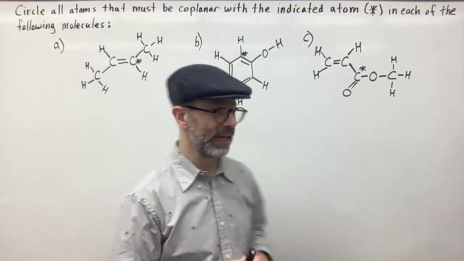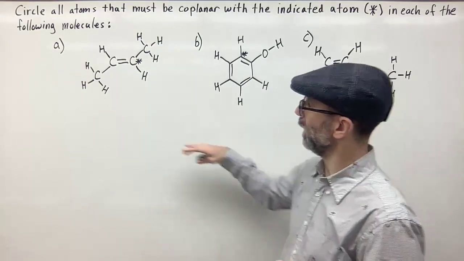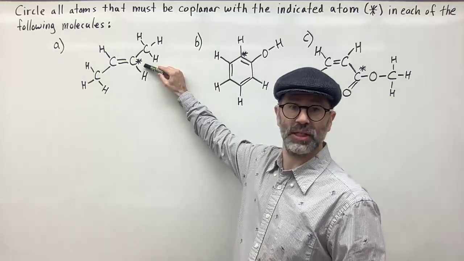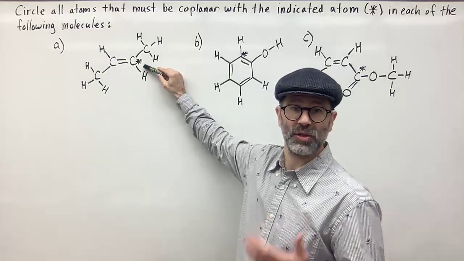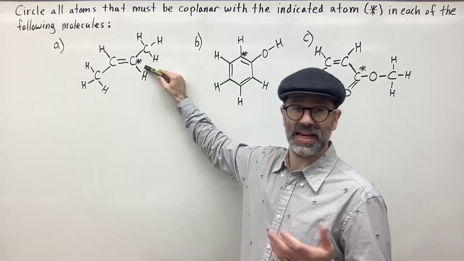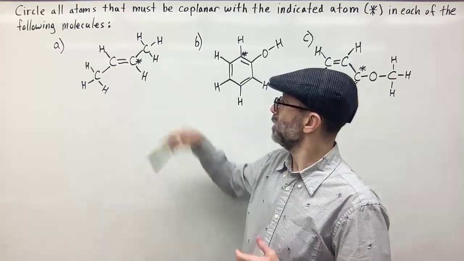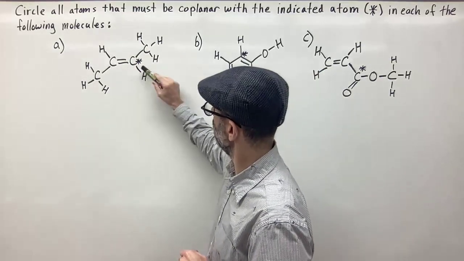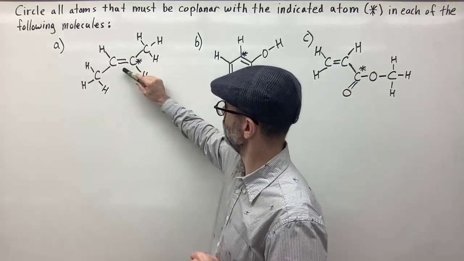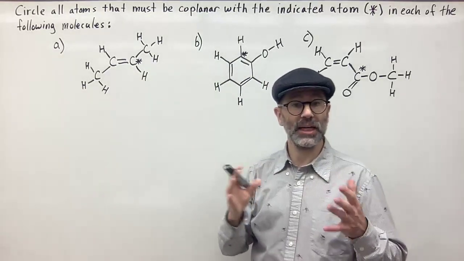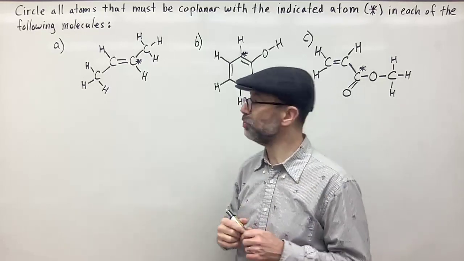So let's go ahead and look at A here. This is the atom of interest. And we want to know what atoms are going to be coplanar with this atom that has the asterisk. Right away you can see that the carbon here with the asterisk has 1, 2, 3 electron groups. They're all bonding groups.